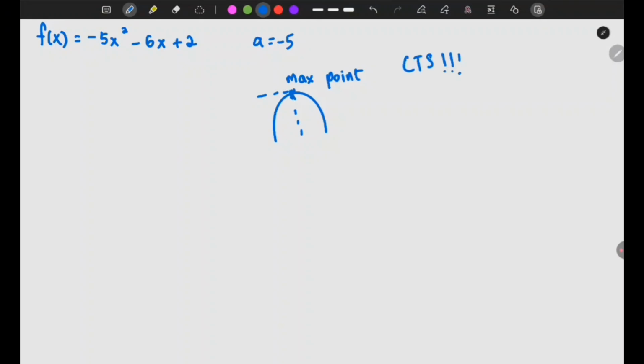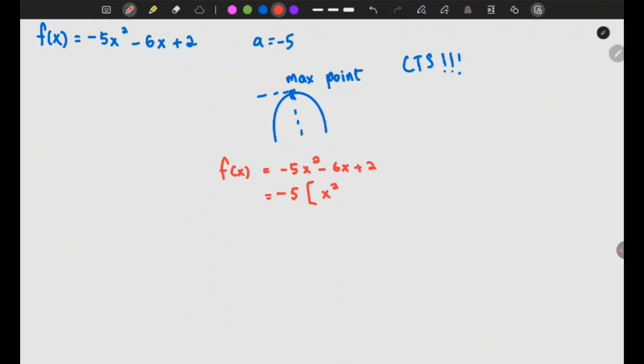So my f(x) is -5x squared minus 6x plus 2. You can't divide the -5. It's not an equation, it's a function. So you can't divide a function. All you can do is factorize it out. You take the -5 and put it outside. When you put it outside, you're left with x squared. And the -6, you take out the -5, so the remaining is 6/5. And from the 2, you pull out the -5, you will get -2/5.